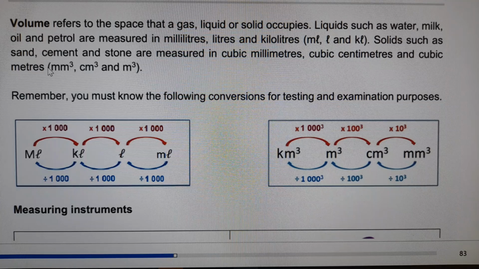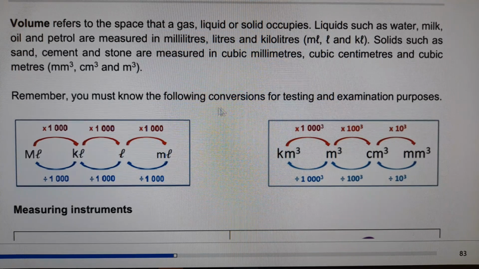Okay, so this is very interesting. They say liquids are measured in milliliters, liters, and kiloliters. Those are units for volume. And solids are measured in cubic millimeters, cubic centimeters, and cubic meters. Those are other units for volume.